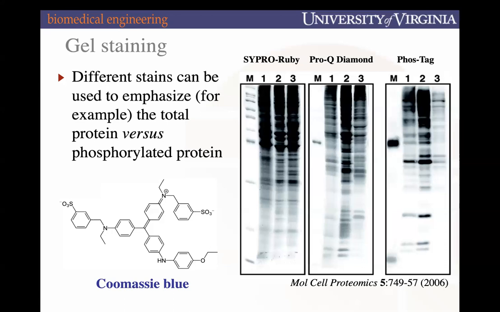So you need both the native gel and the stain. What if you ran it without the stain? Wouldn't you be able to see the band? Great question. You wouldn't see the bands like this. There are other methods that you can use to probe for proteins in your gel.